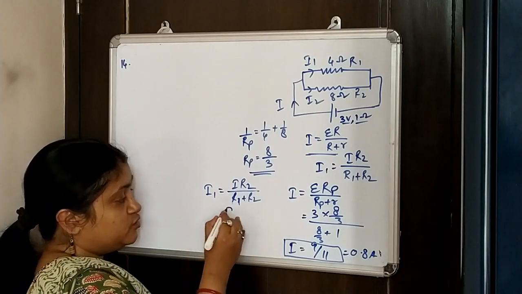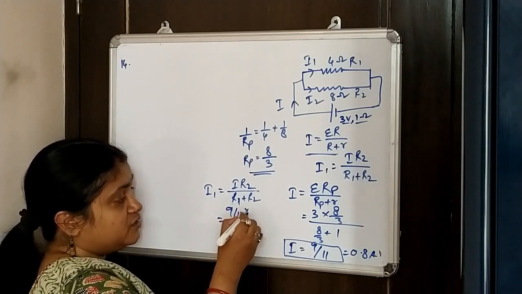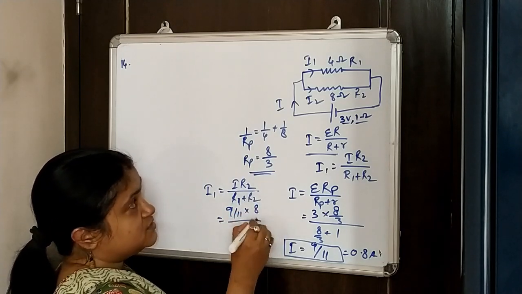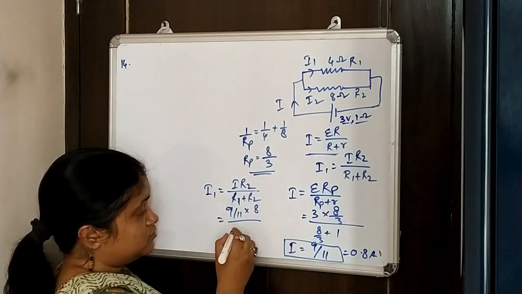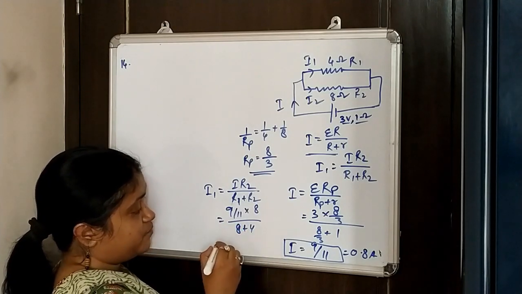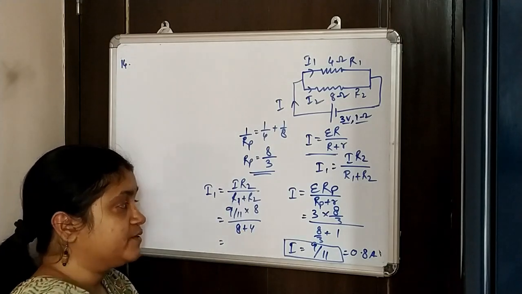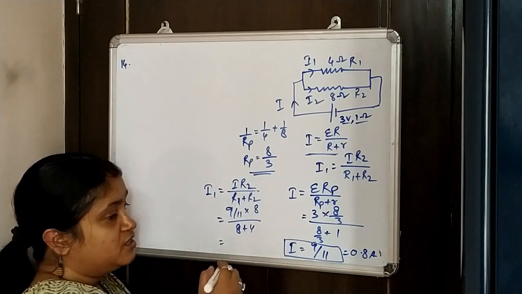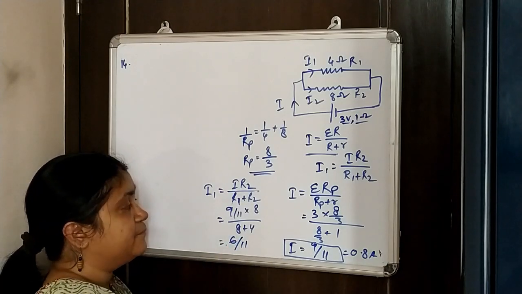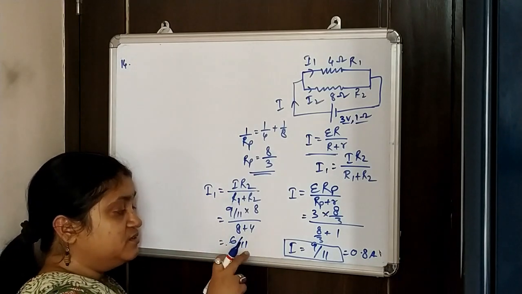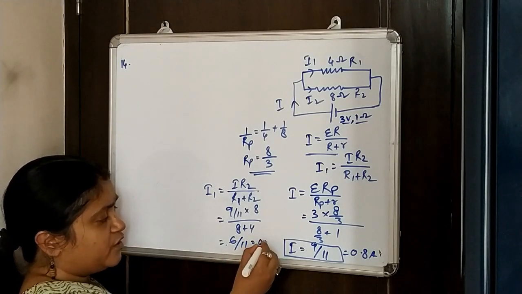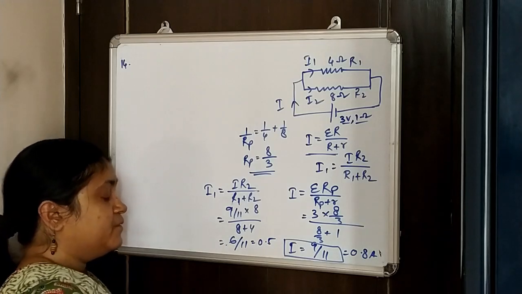So we just substitute 9 by 11 into R2, our 8 ohm, divided by 8 plus 4, 12 ohm. Once you calculate this fraction, you will get 6 by 11 ampere. So my I1 becomes 6 by 11 ampere, which is close to 0.5 ampere, right?